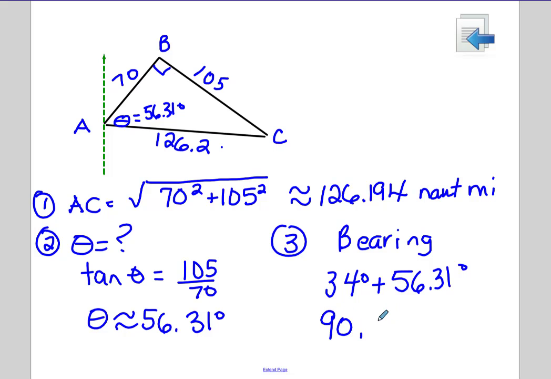So our bearing would be 90.31 degrees north of east at a distance of about 126 nautical miles. So they have 126 nautical miles if A is Port Canaveral out to the boat at sea.